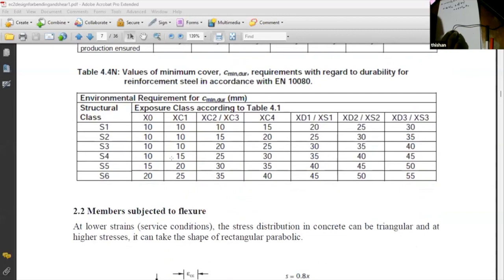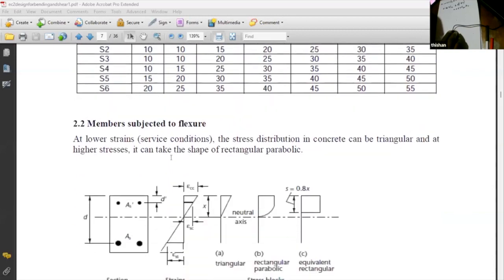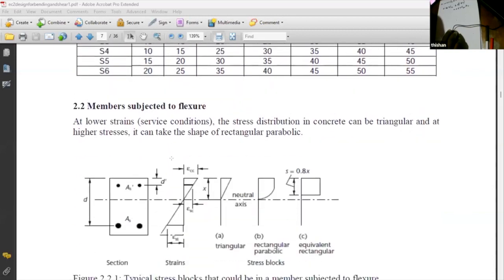If you want, I can discuss the cover requirements again. So for members subjected to flexure, here you can see S is equal to 0.8x.